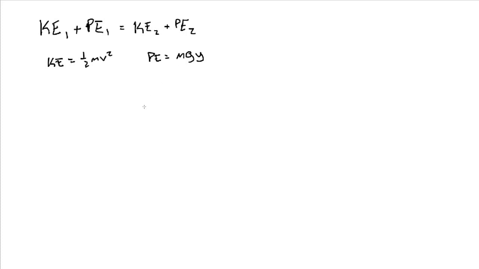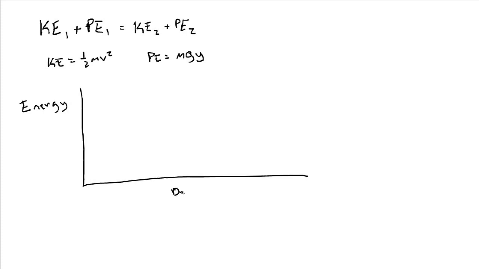Okay, so let's say I gave you a graph that looks something like this. So we've got energy over here on our y-axis, and then we've got distance over here.